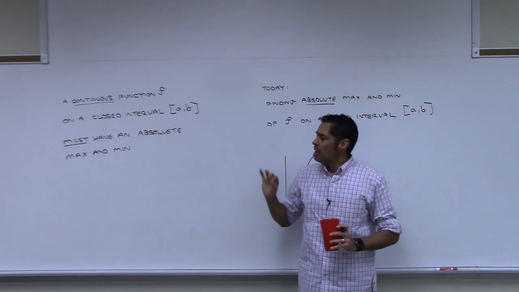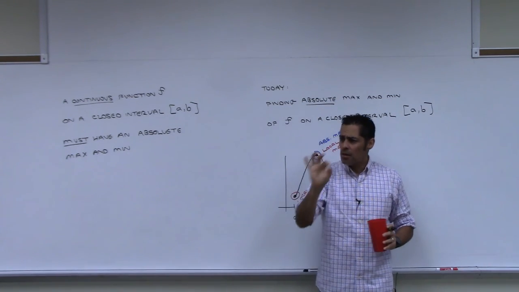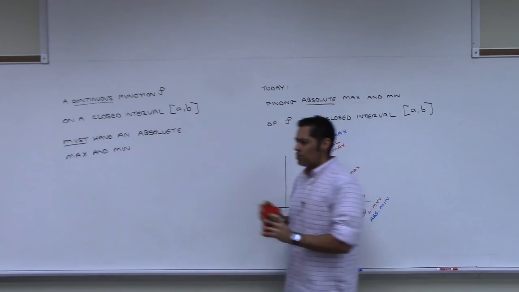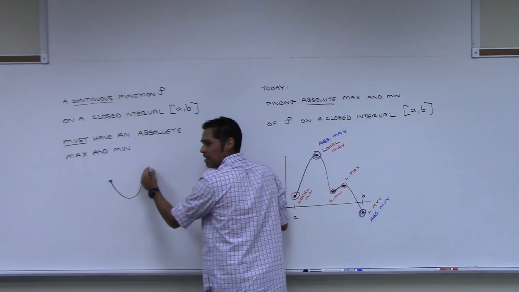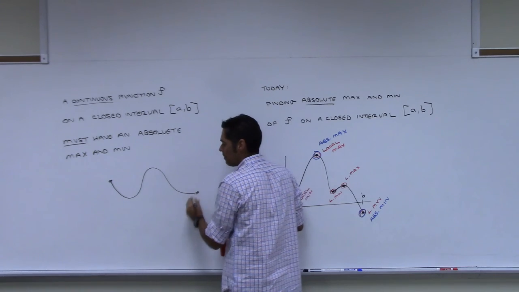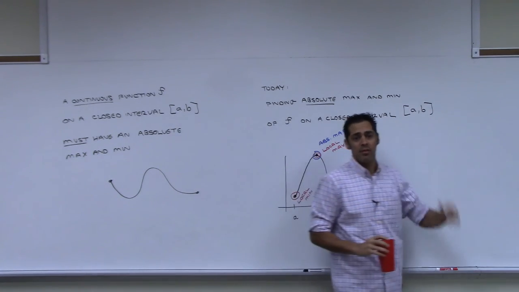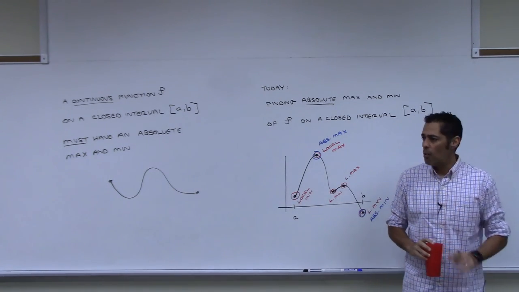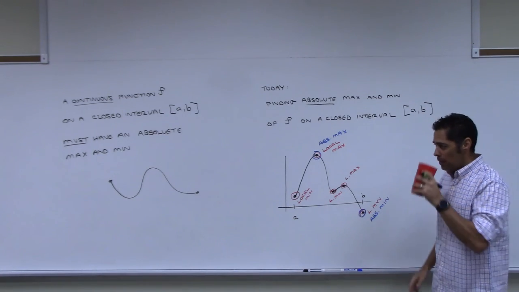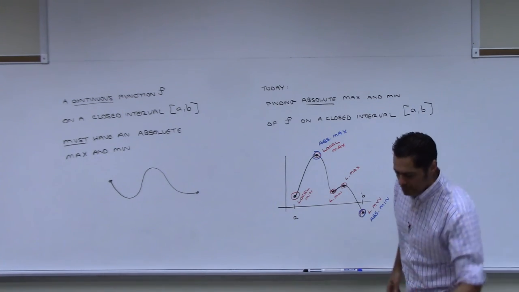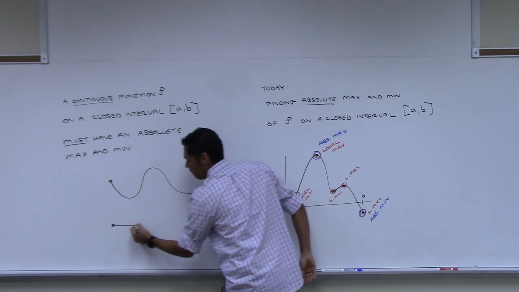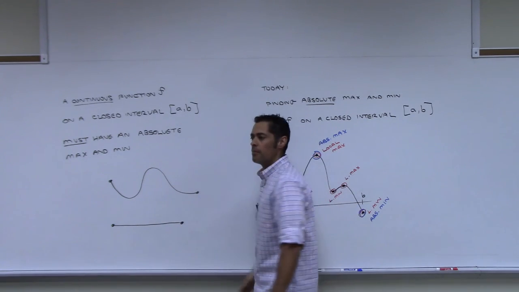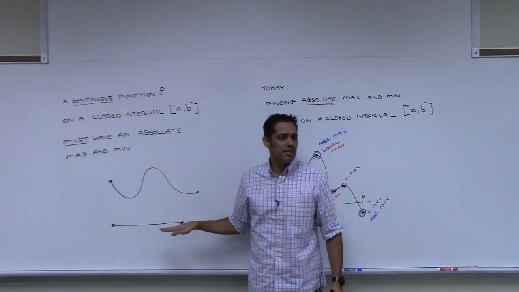Okay, so if you have a function that you can draw without picking up your pencil, and you start it somewhere, doesn't matter where, and you draw without picking up your pencil, and you stop it somewhere, you are guaranteed to have a highest and lowest point. All right? There's no way around it. You have to have it. The only exception to this you might have is if you draw a flat line. Because if you draw a flat line, that is continuous.